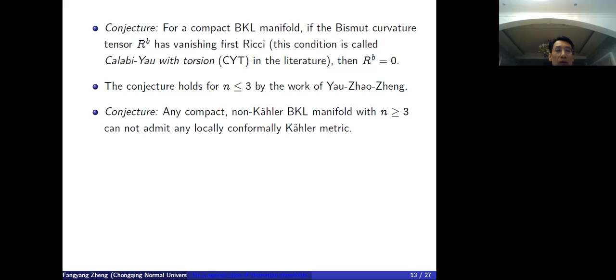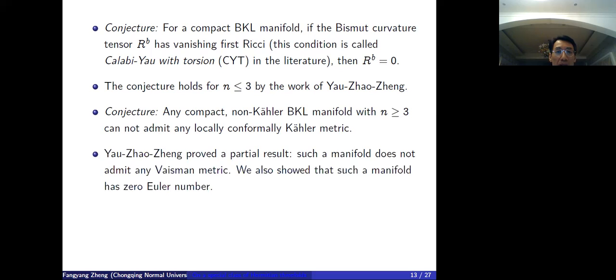We also made a conjecture that in dimension 3 and up, non-Kähler BKL compact manifolds cannot admit any locally conformally Kähler metric. This is in contrast with dimension 2, where all the BKL metrics are locally conformally Kähler. In dimension 3, all of a sudden the LCK structure is no longer compatible with this type.